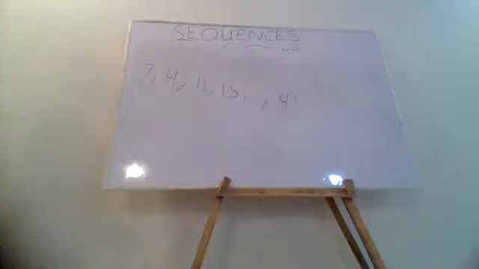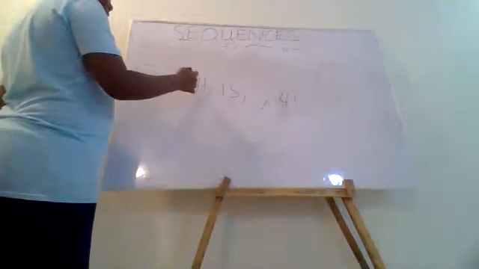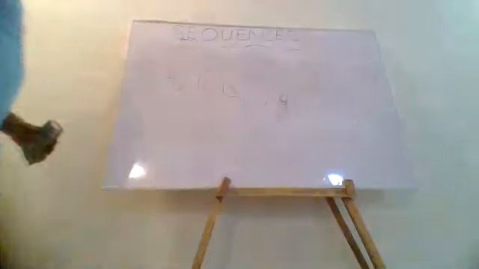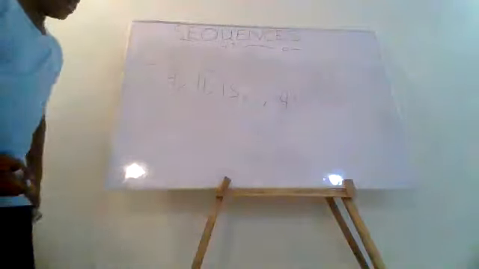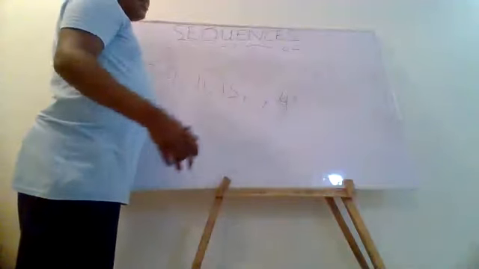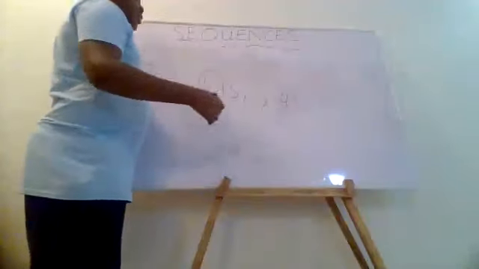Okay, now finding the Fibonacci code should be easy. 7 plus 4 is 11. 11 plus 15, that's the missing thing. Now to find it, we reverse it, the whole thing backward.